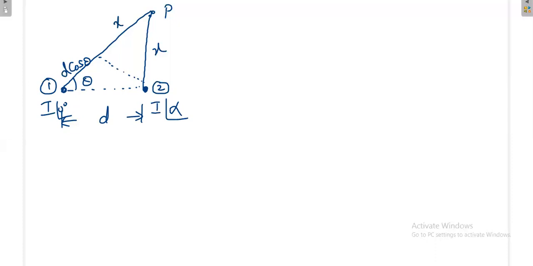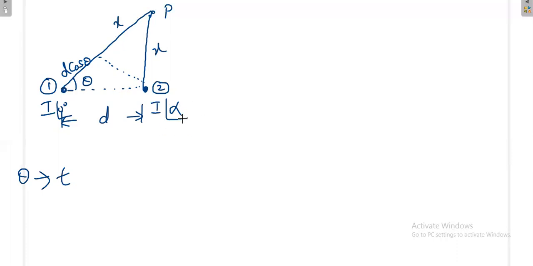By what phase? Already I told you, once you know theta, you can calculate t, no problem. So by what phase does it reach very quickly? What is the phase lead of this wave? It depends on two factors: how quickly it has reached the receiver compared to this one, and what is the excitation phase here.